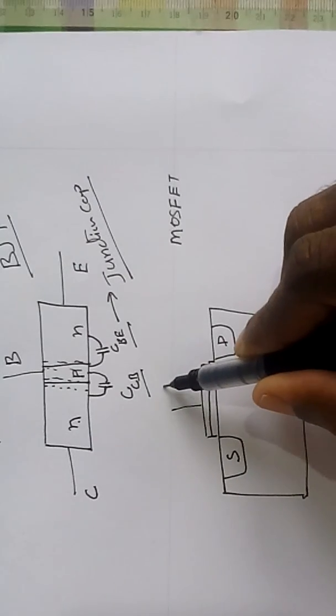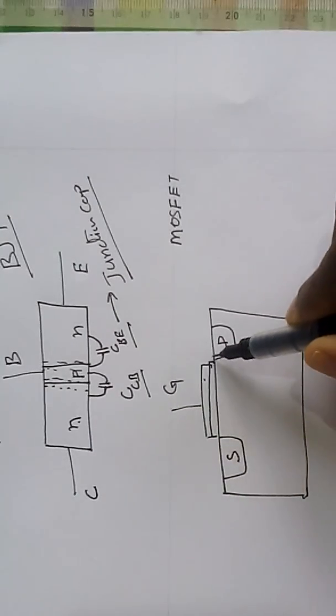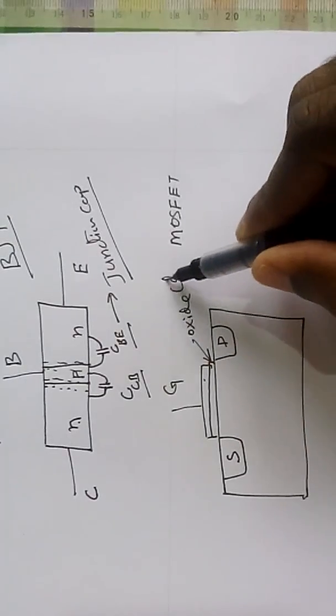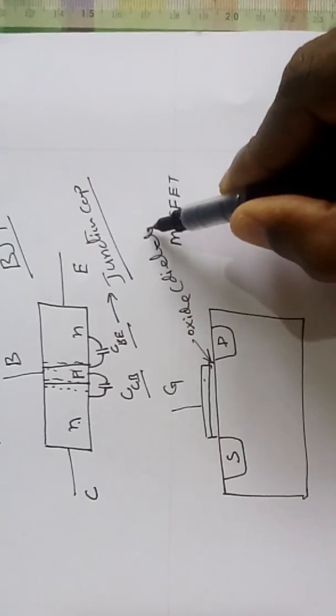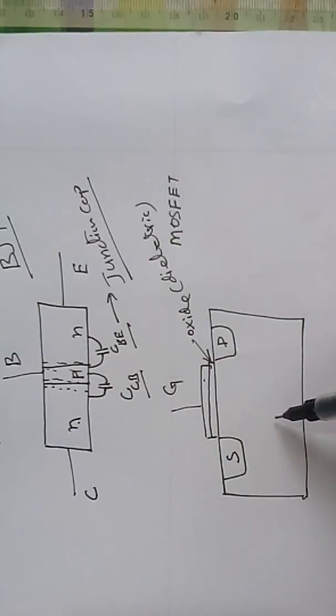This is the gate, which is made out of metal. This is the oxide, which is a dielectric material, and this is again a semiconductor.